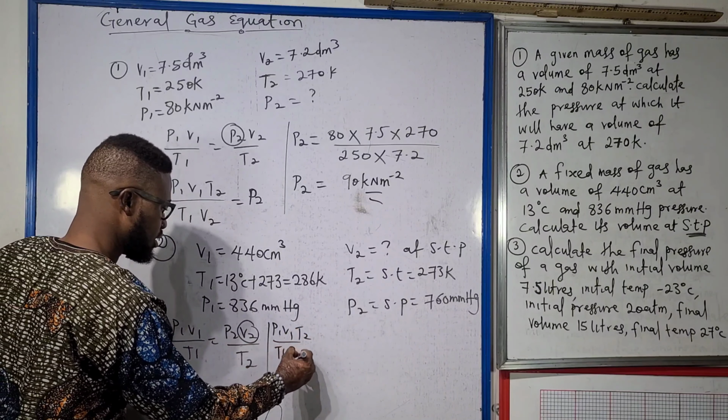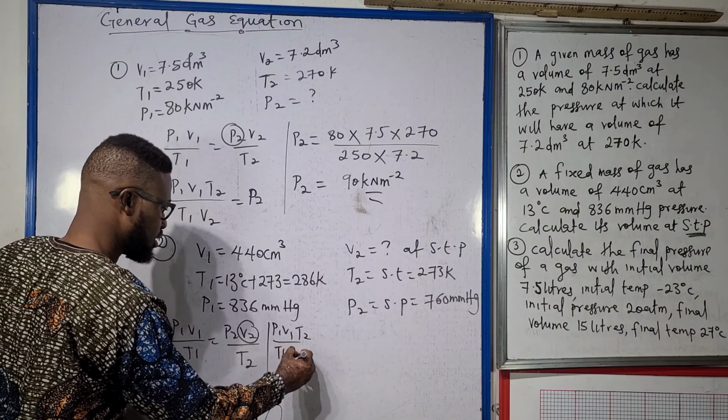That's going to mean V2 equals, what is my P1? 836 times, what is my V1? 440 times, what is my T2?